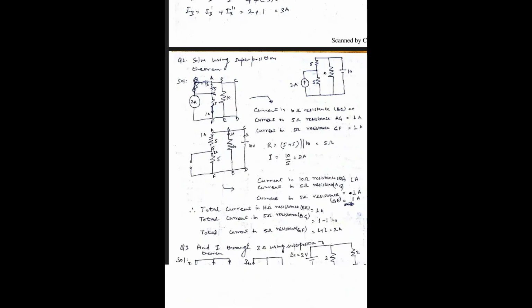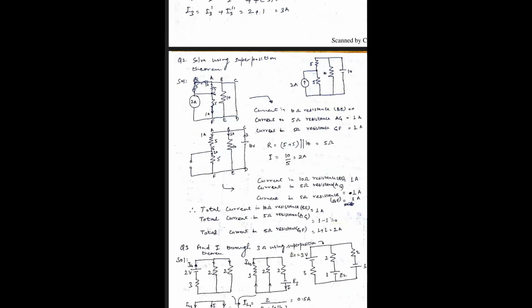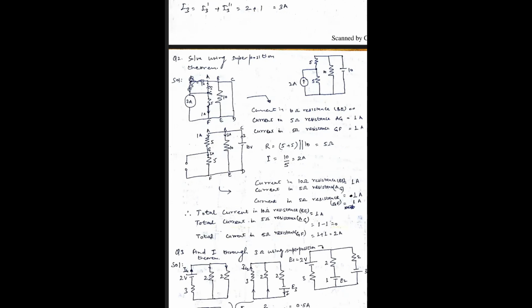So let's begin with taking the 2 ampere current source and short circuiting the voltage source. Okay, so when we do this, what happens?